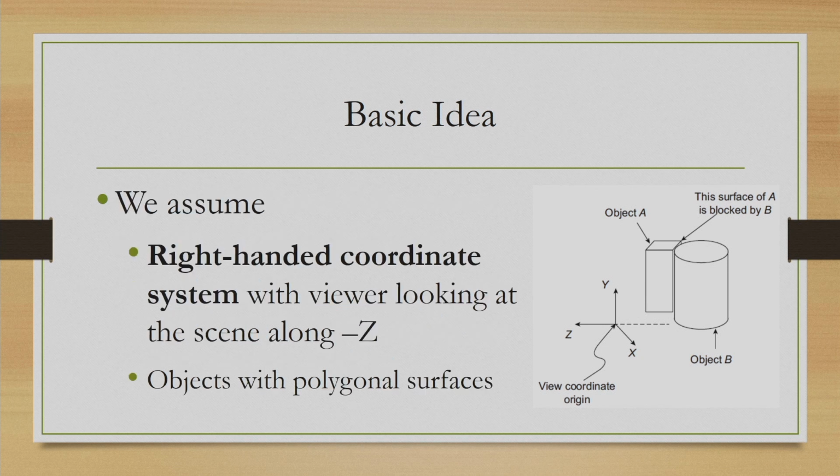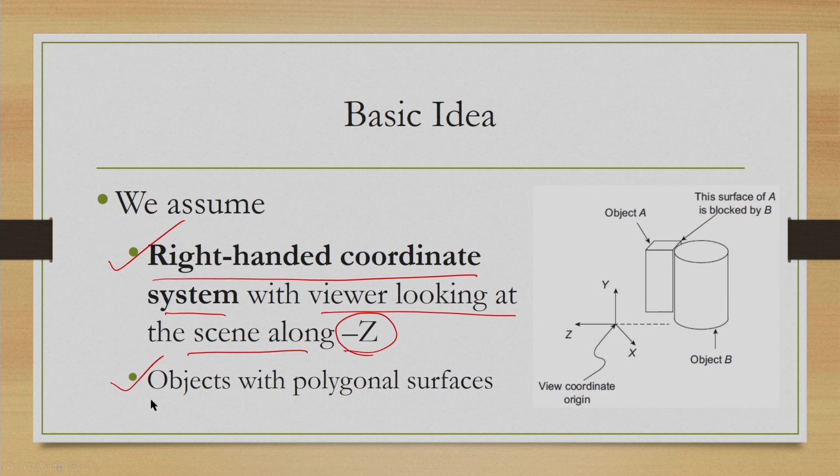Now, before we go into the details of the methods for hidden surface removal, we should keep in mind that there are two assumptions that we will be making. First one is, we will use a right-handed coordinate system and we will assume that the viewer is looking at the scene along the negative z direction.